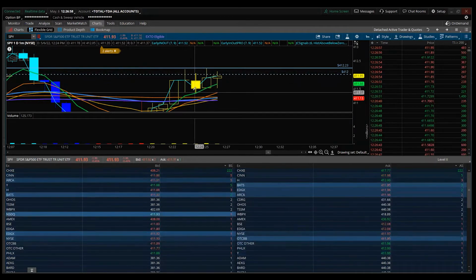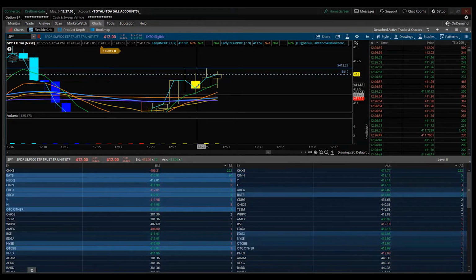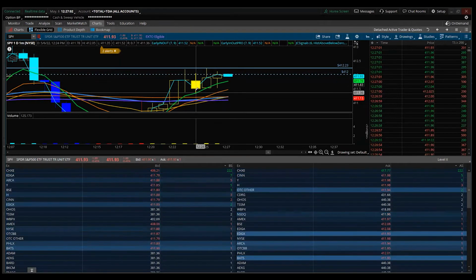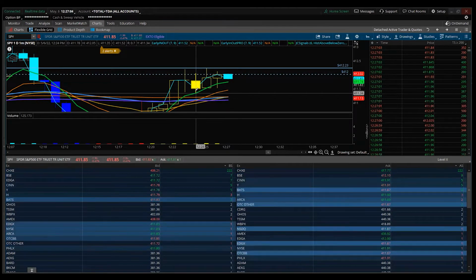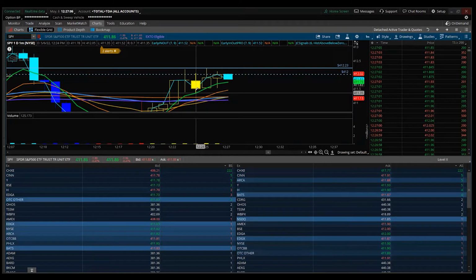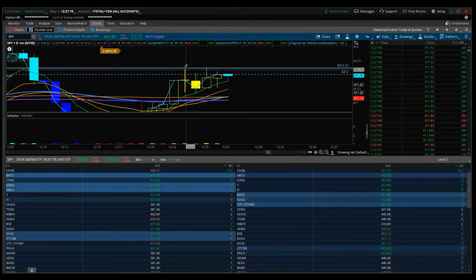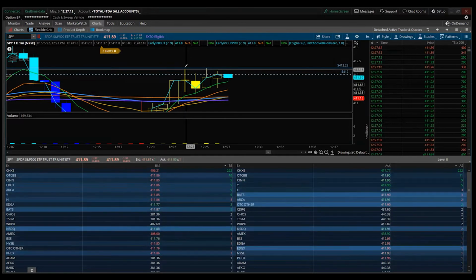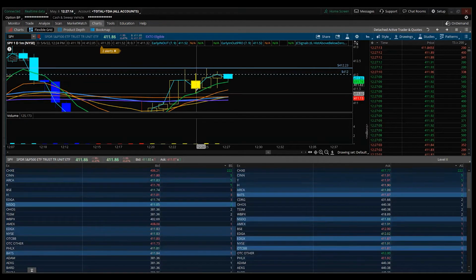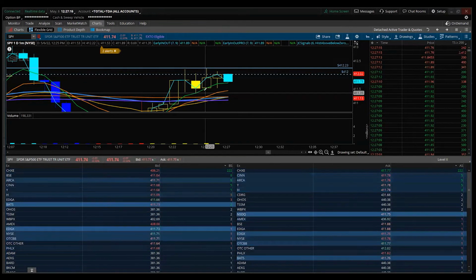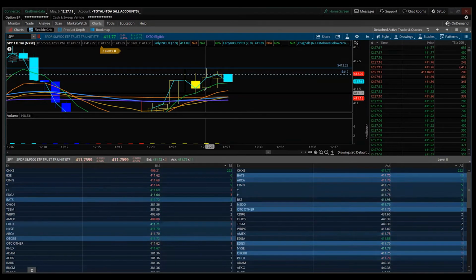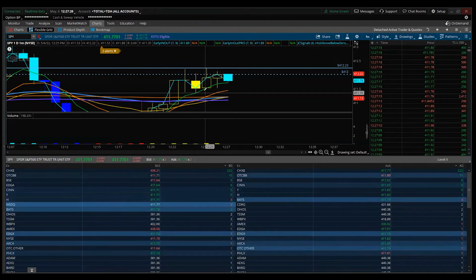If I waited down here on the pullback, I would probably be cutting for maybe $50 in profit or less, right? So this is how important it is to not be greedy and just sell into the pops. Because if you sell in the pullbacks, truthfully, you're not going to get much money.